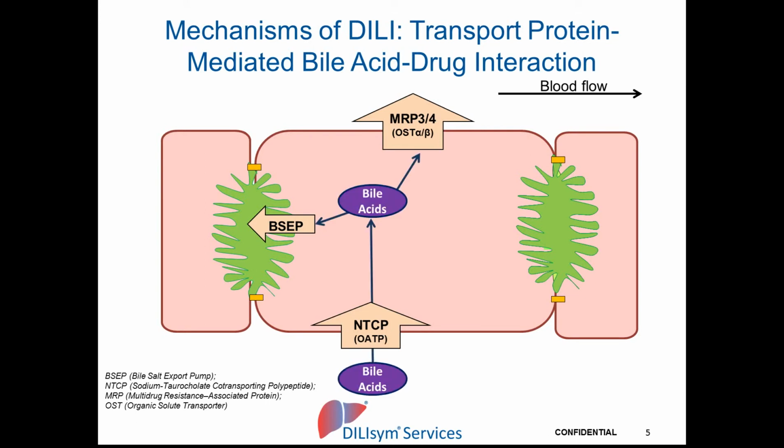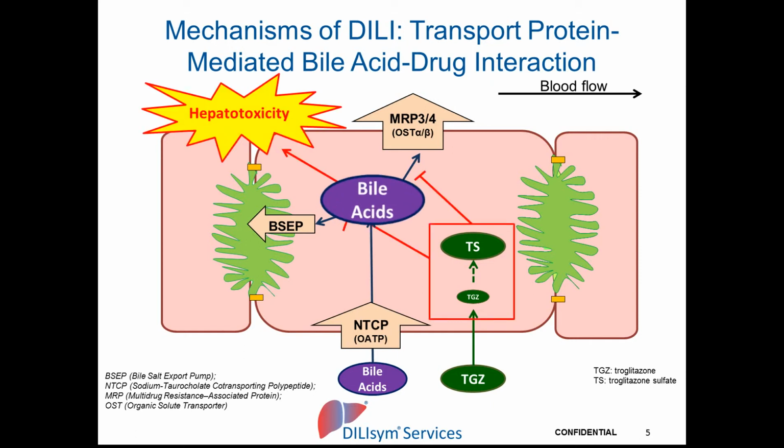So bile acids enter the cell via NTCP, and can be exported via either BSEP or the MRP transporters. Troglitazone, upon entering the cell, gets metabolized such that proportionally there is significantly more troglitazone sulfate, the metabolite, than the parent compound troglitazone.